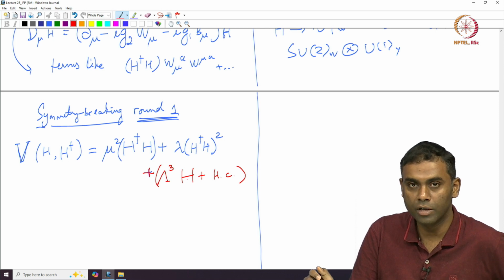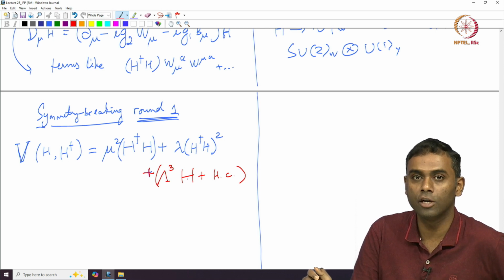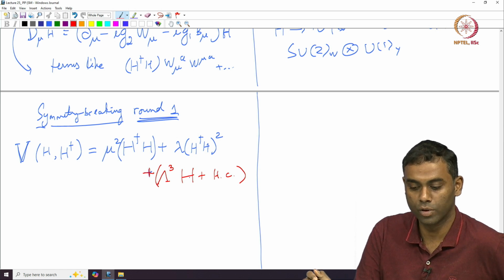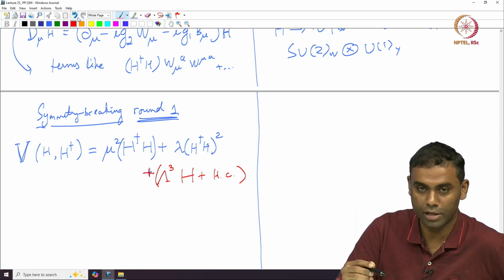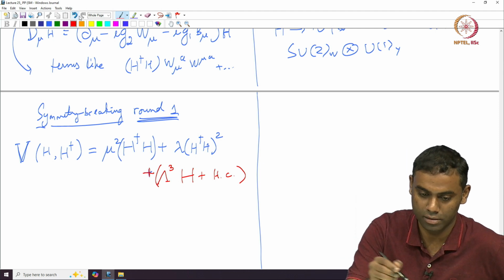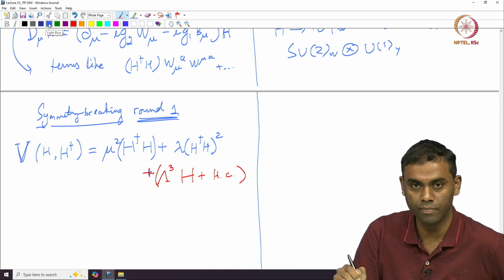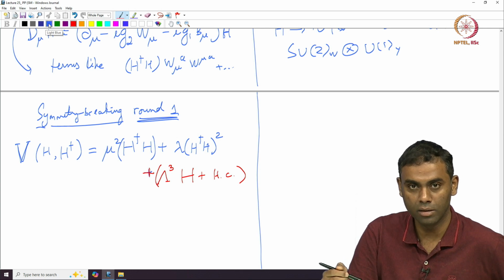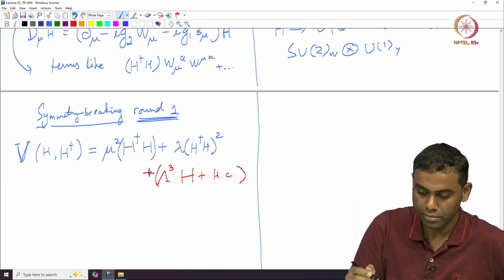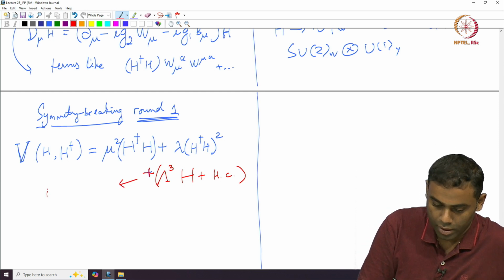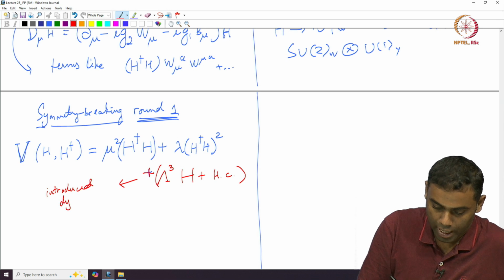Now this might sound a bit weird to you, but actually this kind of thing does happen in nature. Imagine the red term was not there in the beginning, but it was introduced dynamically, and I use that word actually in a technical sense.